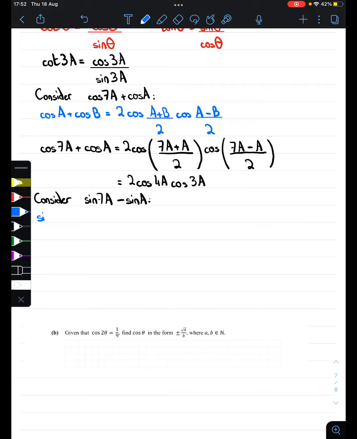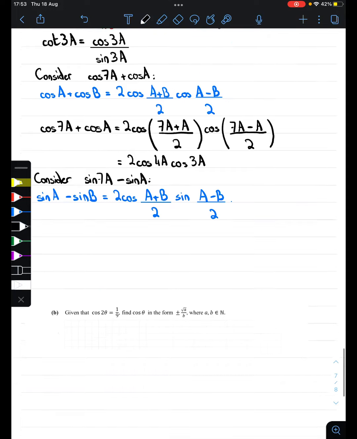Sine of a minus sine of b, the difference of two sines, is equal to 2 cosine of (a plus b) over 2, times sine of (a minus b) over 2.